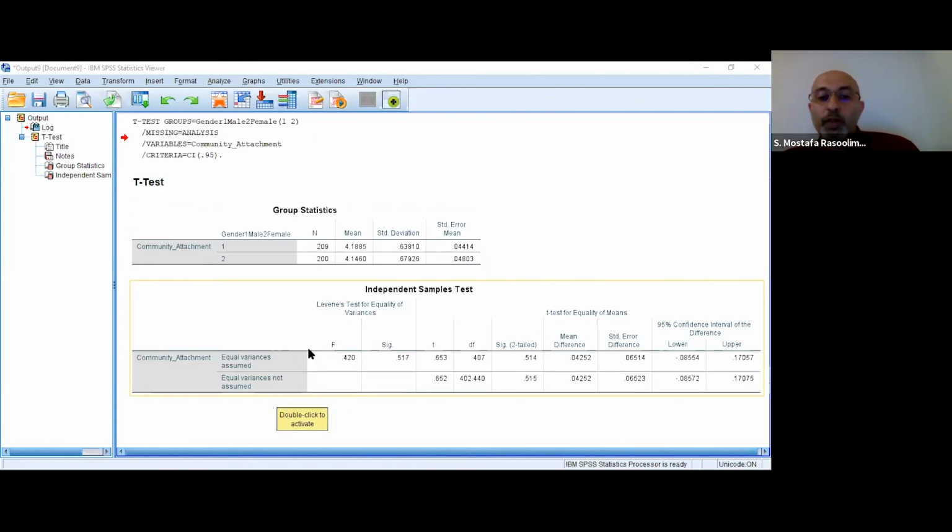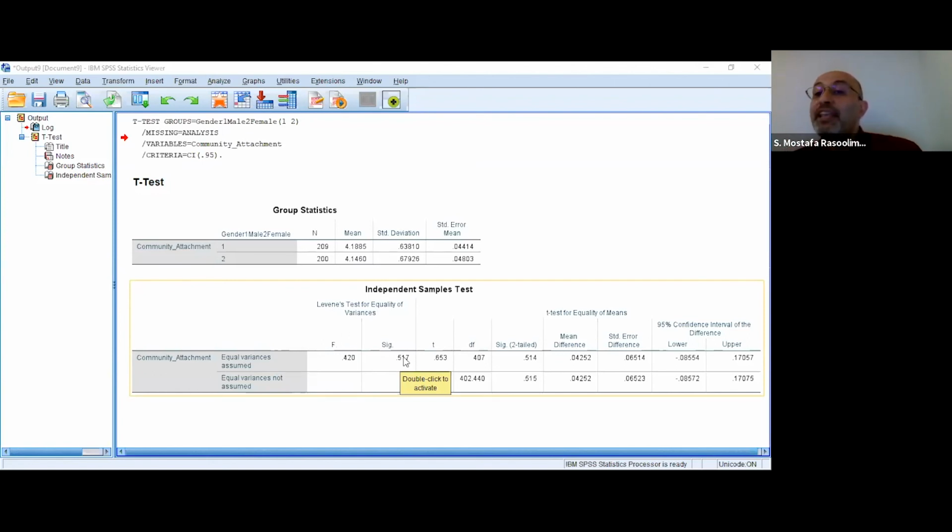What are these two? For the independent sample t-test, we have one more result. We have the result of Levene's test. Levene's test actually tests the variance of two different groups, testing for equal variance of the two groups. This is the result of this F test, and the significance of this F test. This is the p-value based on this F value.